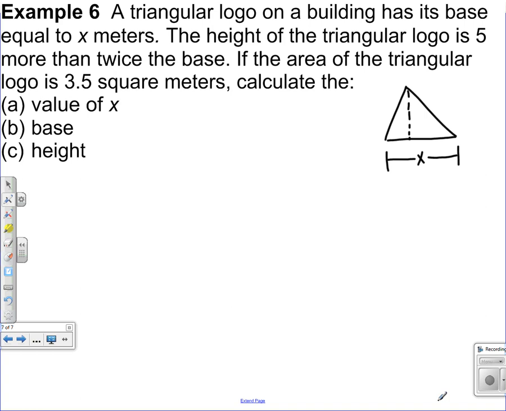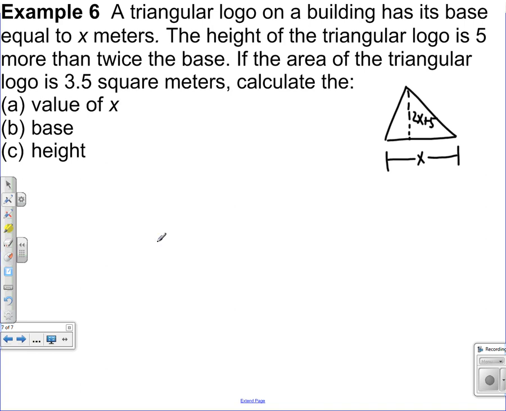The base is X. 5 more than twice the base means I take the base, multiply it by 2, and then add 5. So our height is 2x plus 5. And we know the area of that whole thing is 3.5 square meters.